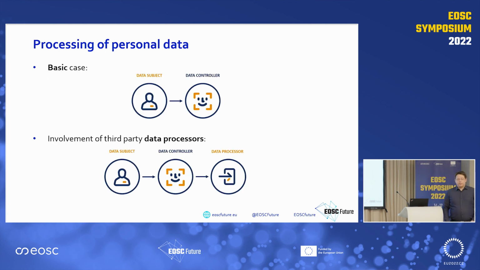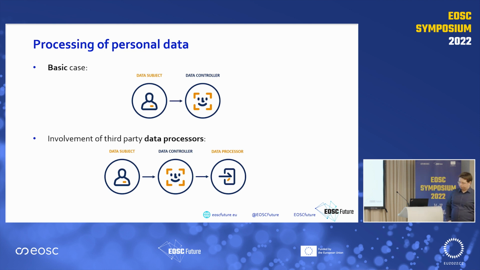The basic case in processing personal data is that the data controller just processes data on one or several data subjects. That's the first picture. In many situations in practice, it's a little bit more complex than this. The most common situation you find in practice is the involvement of third-party data processors.